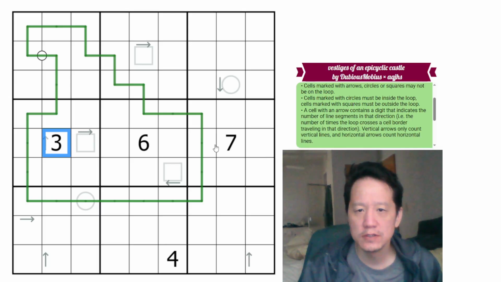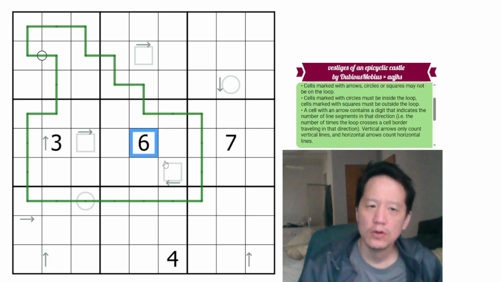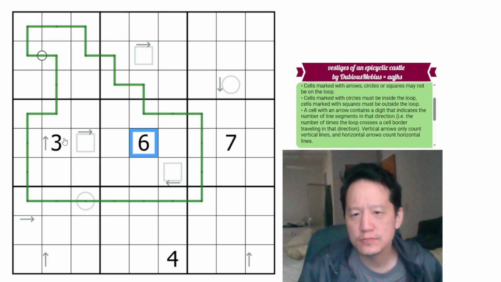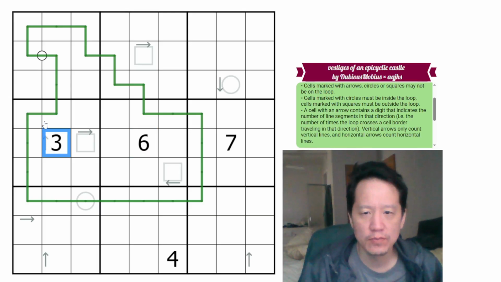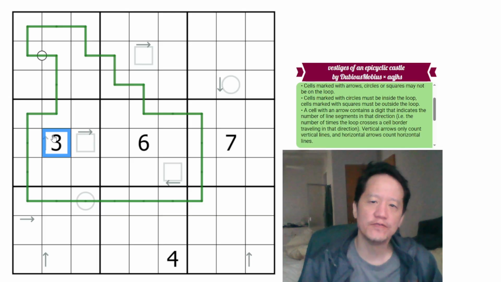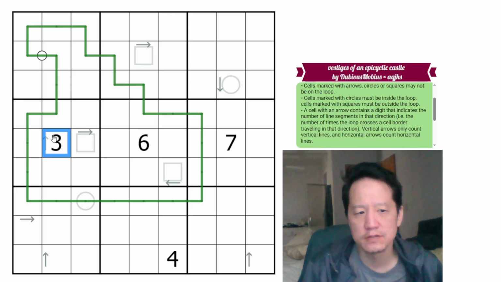Wait, what? I'm still confused about the vertical arrows only count vertical lines.